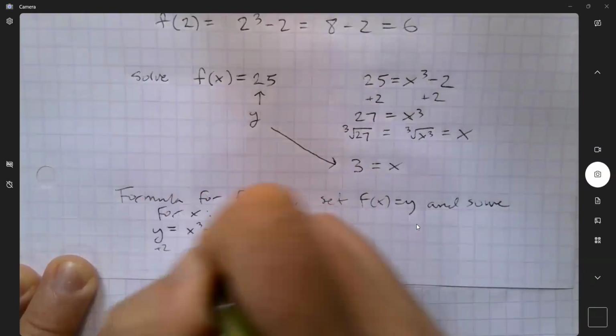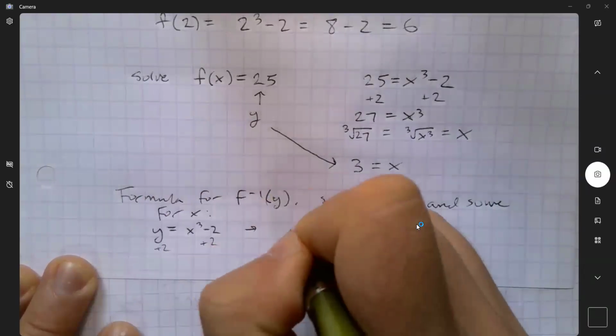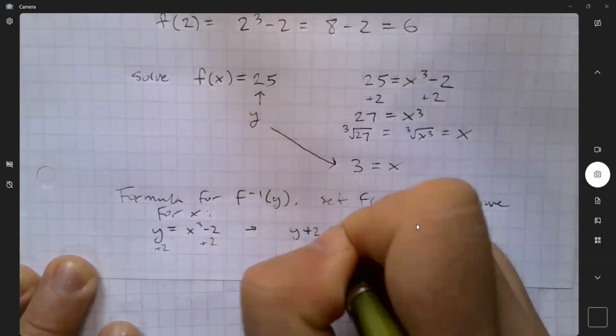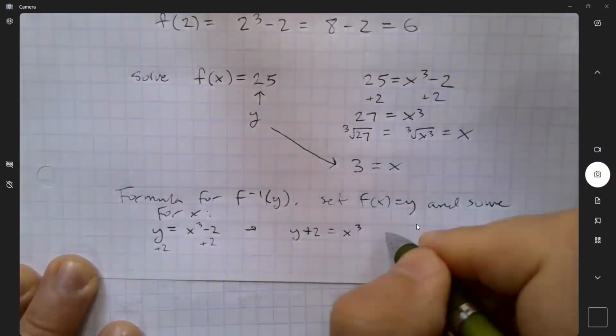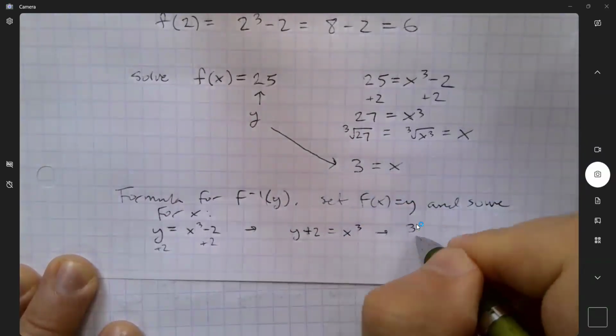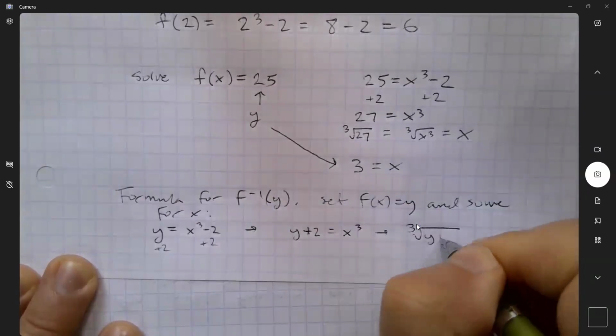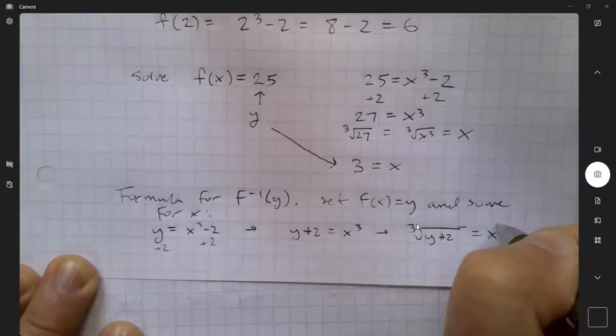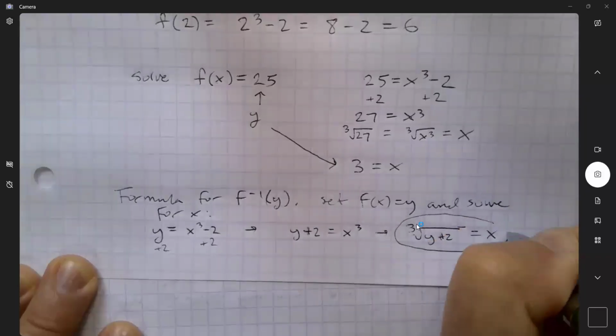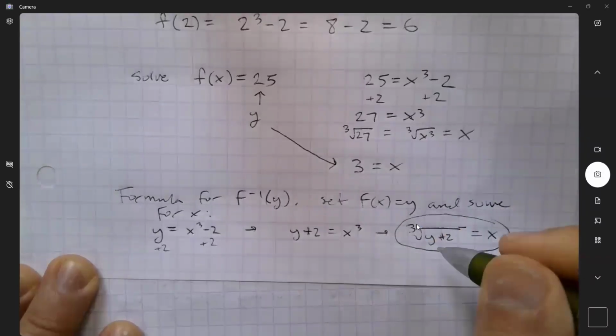And then we add 2 to both sides, and we get y plus 2 equals x cubed. And then we take the cube root of both sides, and we get the cube root of y plus 2 equals x. And there's my formula for my inverse function.